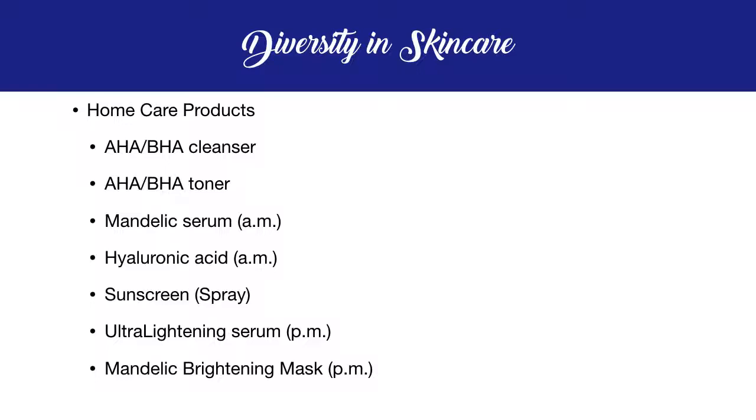And lastly, I would have them use the Mandelic brightening mask. Again, a thin layer. They would not remove it. They would remove it with their morning regimen. So they'll start seeing a brightening. And again, you have your Mandelic in the brightening mask that will help with the acne as well as the hyperpigmentation.